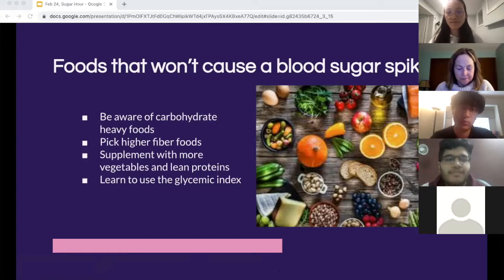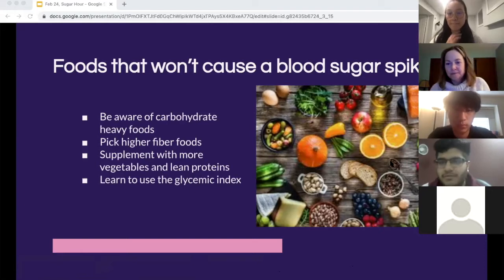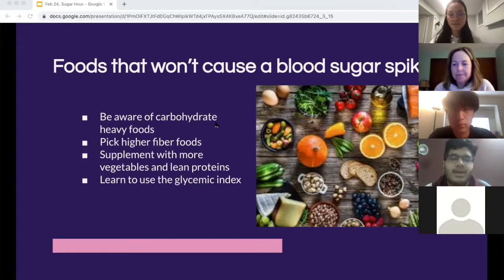You also want to pick foods that are higher in fiber, which are going to make you feel full for longer. And that's going to hopefully curb some of that midnight snacking, some of those extra snacks throughout the day. And then we want to supplement our meals with things like vegetables and lean proteins. I say these two things because A, they are more likely to have lower carbohydrates, and B, they can also help you feel full.